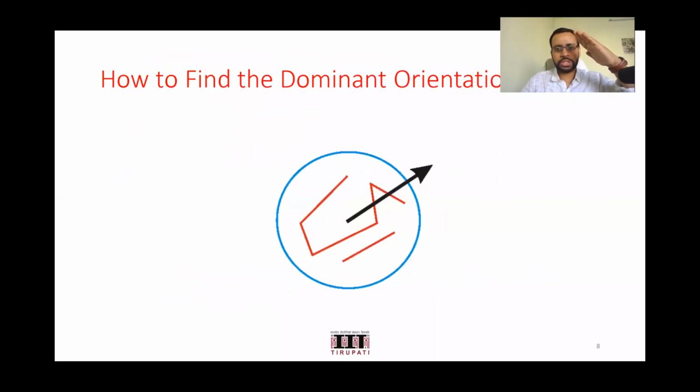Yeah, this is a better image. Suppose that this is the point at which you are looking, and in the surrounding patch this is what you have. What we want to do is, you could see here a lot of edges are in this direction, so in a way this is your dominant direction. Now you rotate, not the image, in fact the patch around your pixel, in that direction.